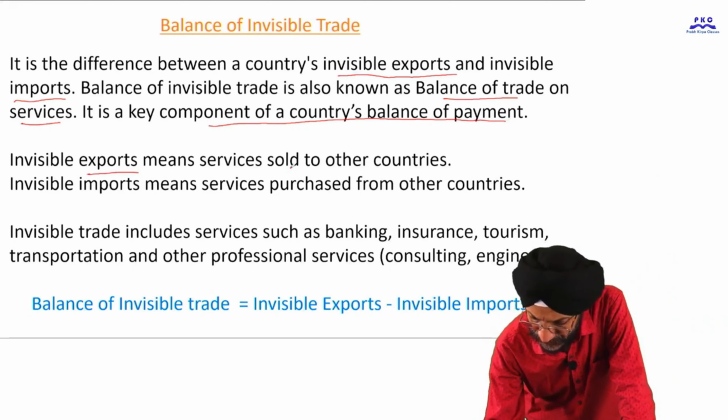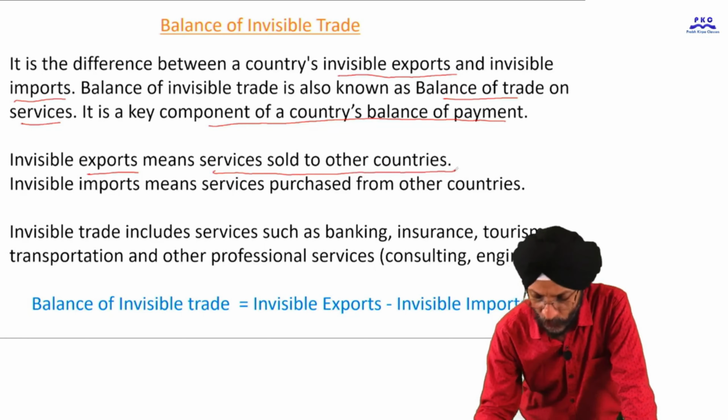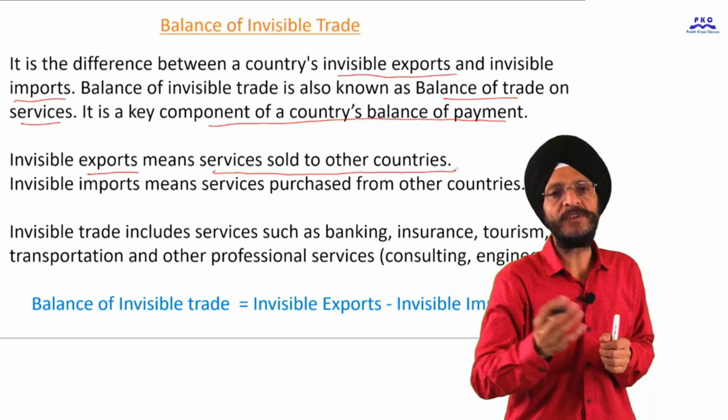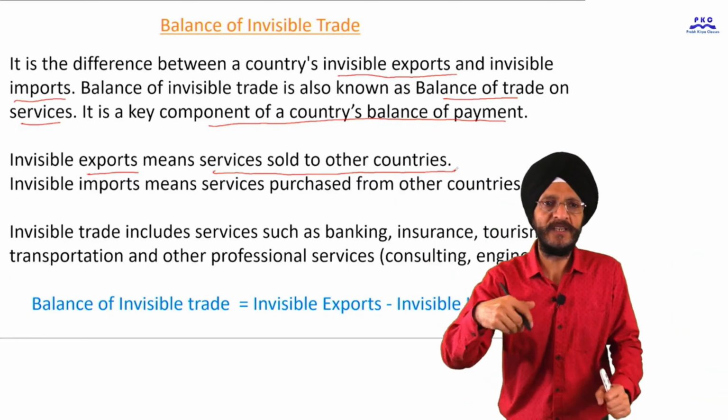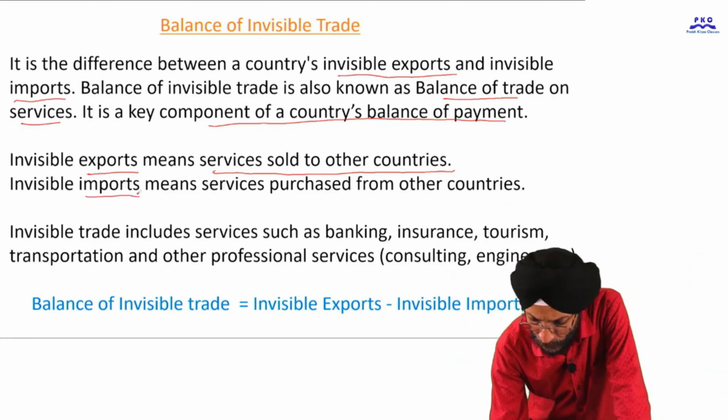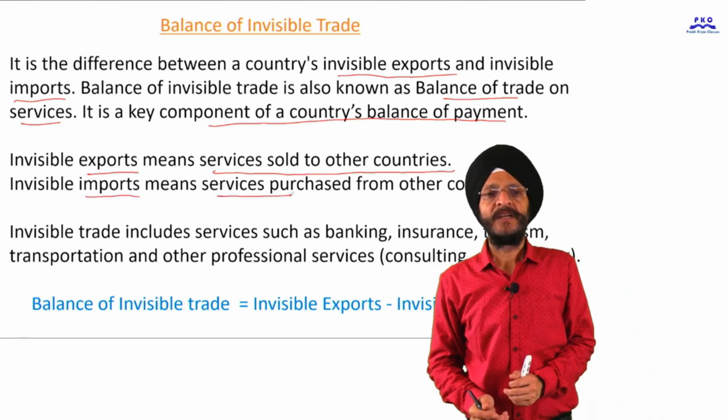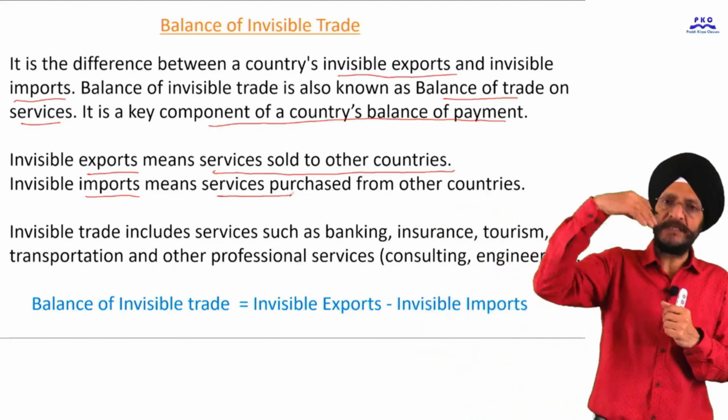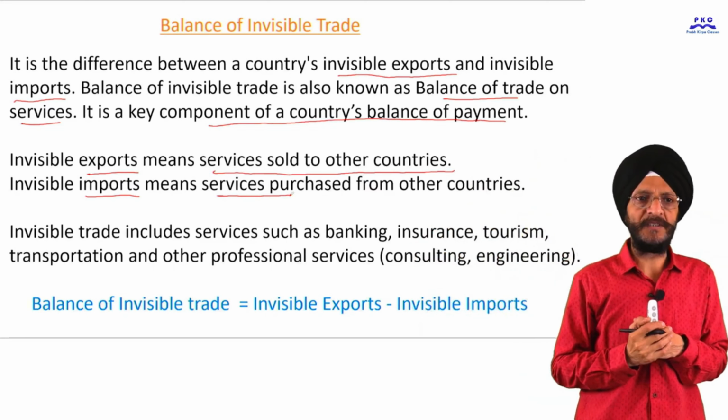Invisible exports means services sold or provided to the rest of the world or other countries. On the other hand, invisible imports means services taken or purchased from the rest of the world or other countries.